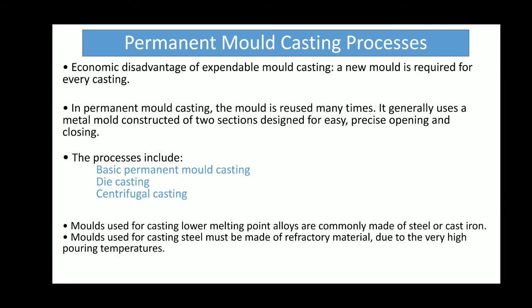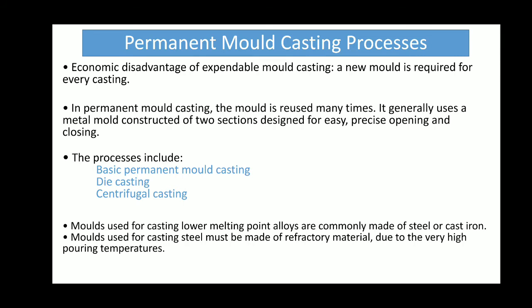If we have to break the mold each and every time to get the final product, as in expendable mold processes, economically it's not that good. Every time we require a new mold. But this particular problem is nullified in permanent mold casting.